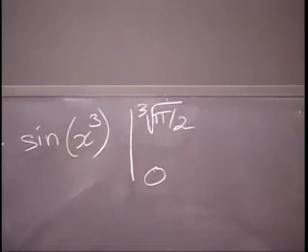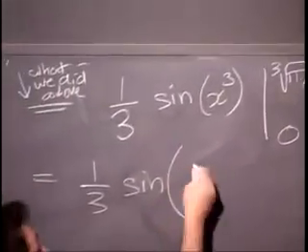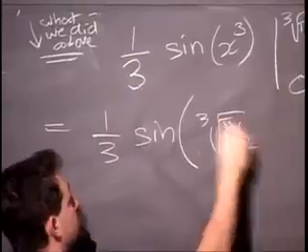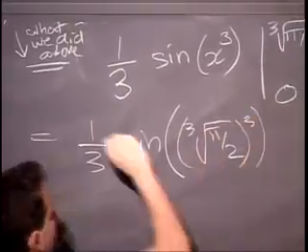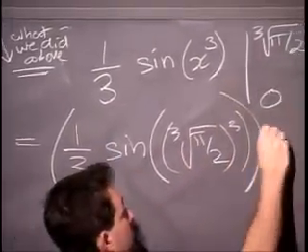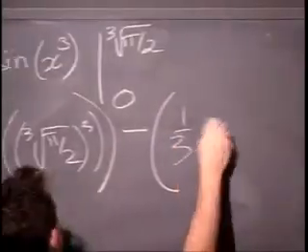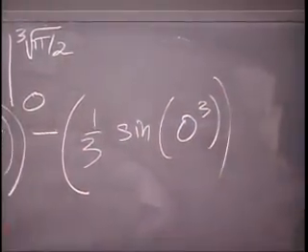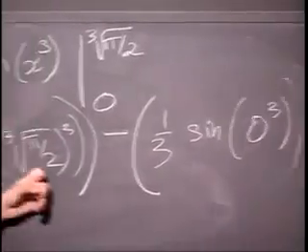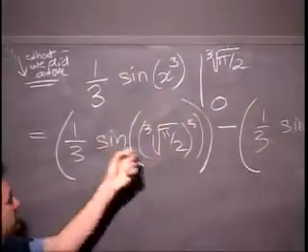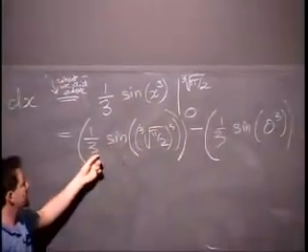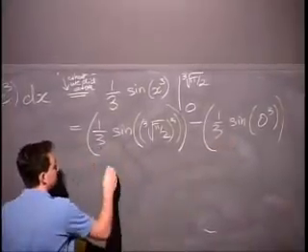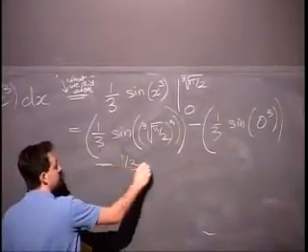You get 1/3 sine of cube root of pi over 2 all cubed, minus 1/3 sine 0 cubed. And of course, cube root of pi over 2 all cubed is just pi over 2. Sine pi over 2 is 1. And sine 0 is nothing, so this is just 1/3.